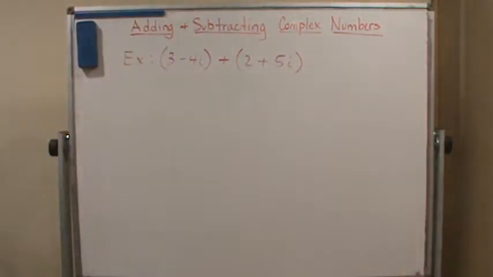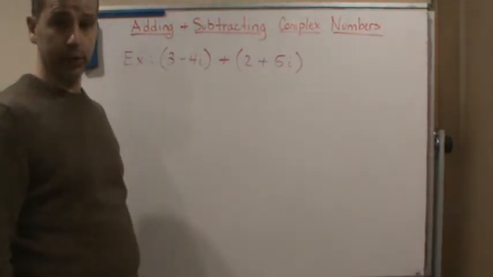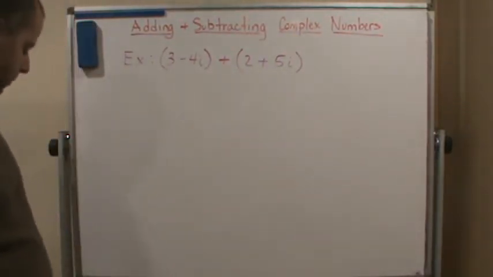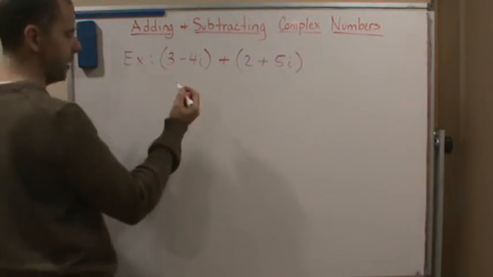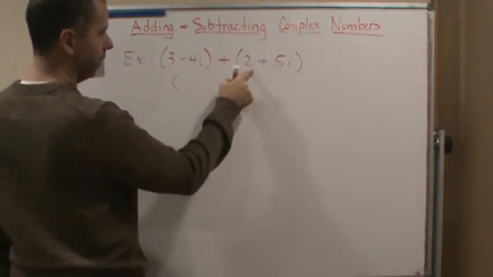Let's say we have this. All we're going to do is add the real parts and add the imaginary parts. So this is going to be 3 plus 2.